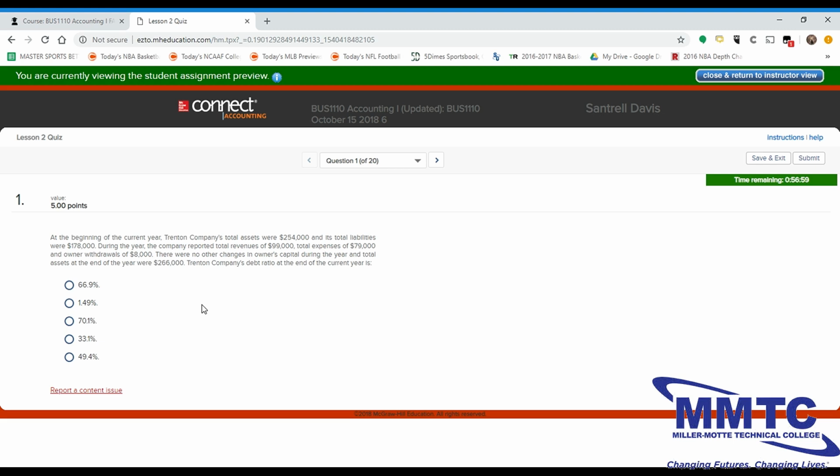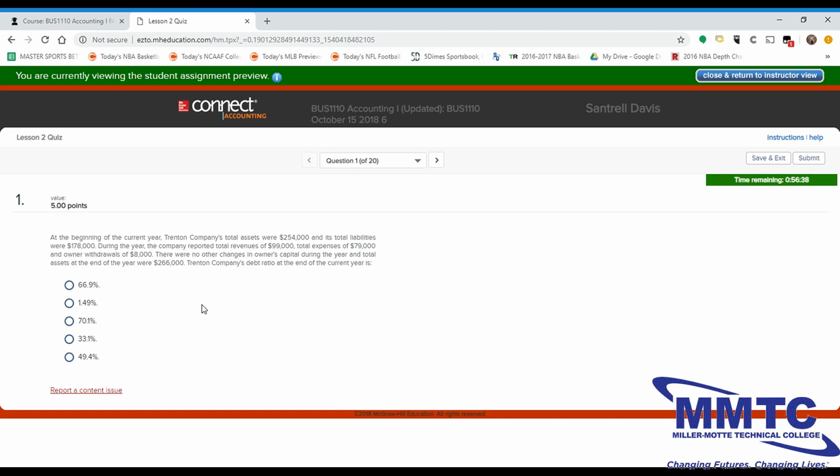It's already giving us total assets for the end of the year, 266,000. So now we need to find the total liabilities for the end of the year.